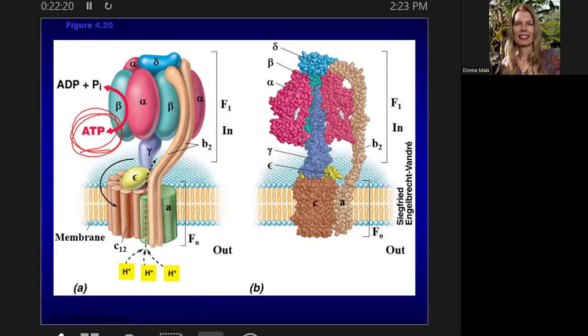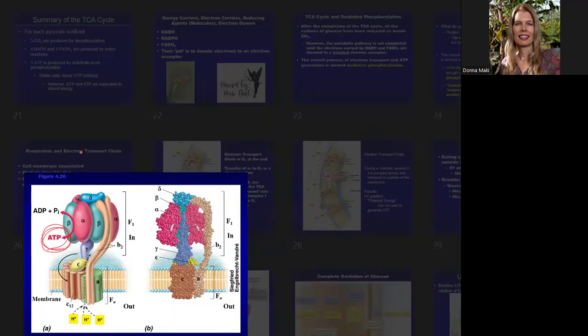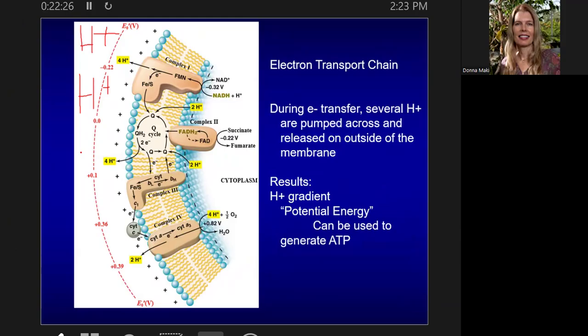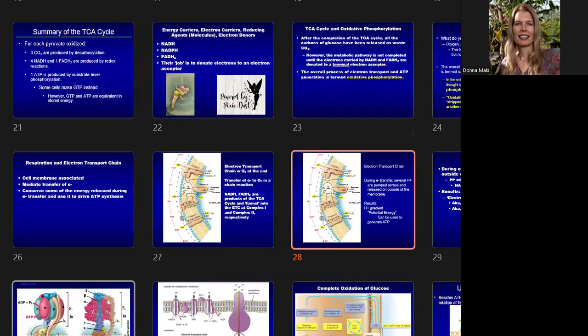So the artist should have drawn that back onto this picture. They should have stuck that at the end here, maybe, but they forgot. Okay. So link the electron transport chain. As electrons flow, you get proton pumping, which leads to a proton gradient, which then leads to ATP synthesis.